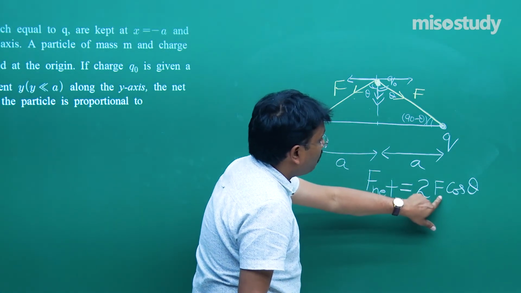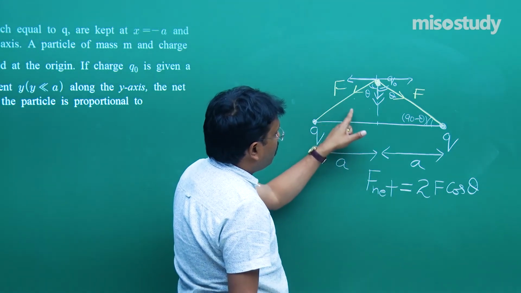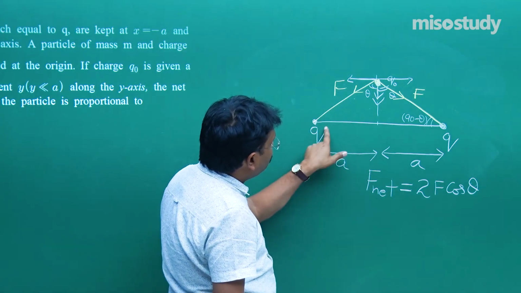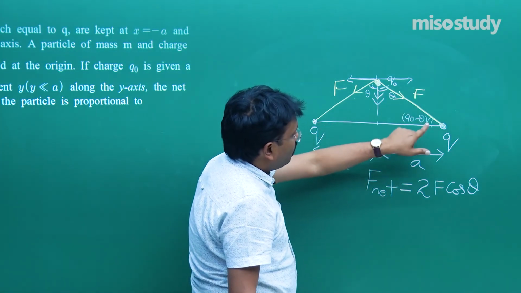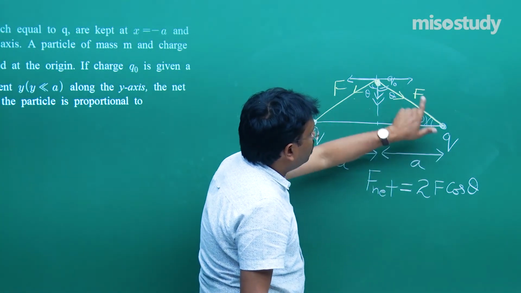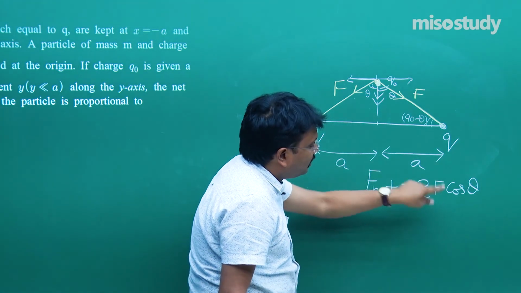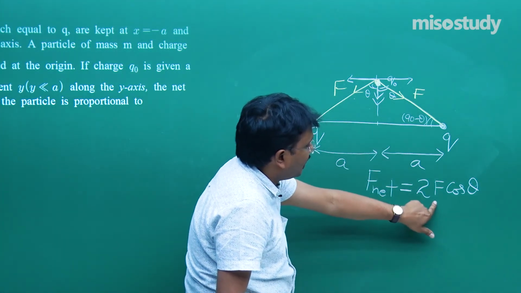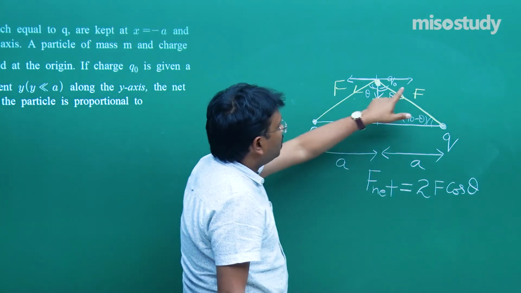And what is the value of F? The value of F is going to be 1 over 4 pi epsilon naught q q naught. Because I included that in this 2F, so rather than writing twice, once I will write down 1 upon 4 pi epsilon naught q q naught.